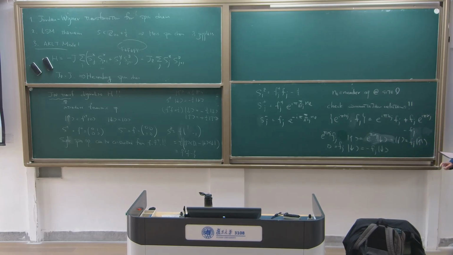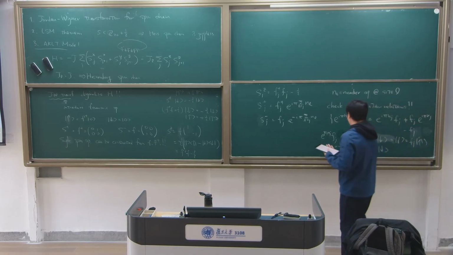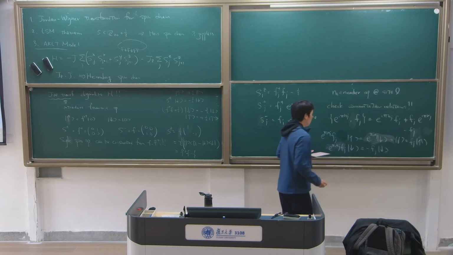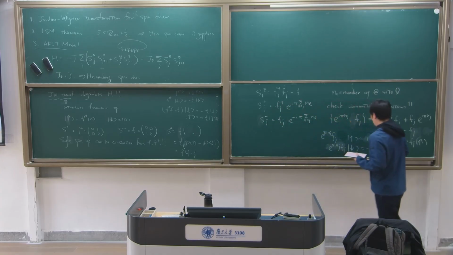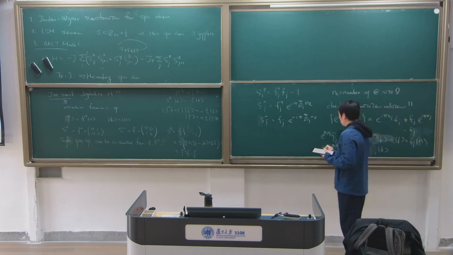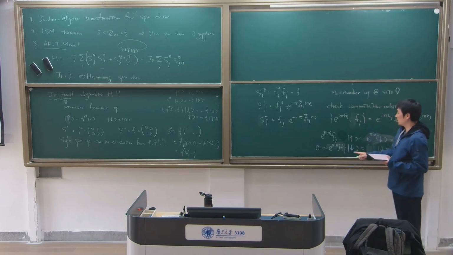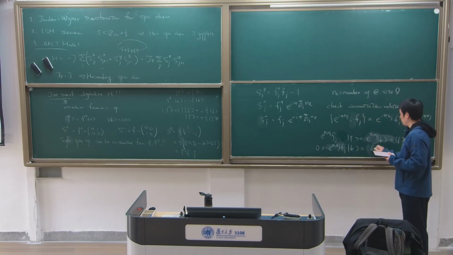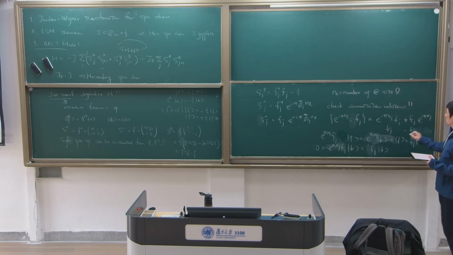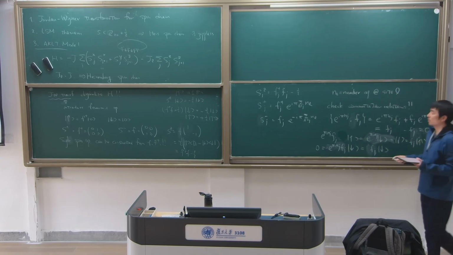The same thing happens here: Fj e to the pi i Nj, which is 0, which is the same as Fj. So therefore this is Fj. This is equal to 0. Okay, so they are equal.